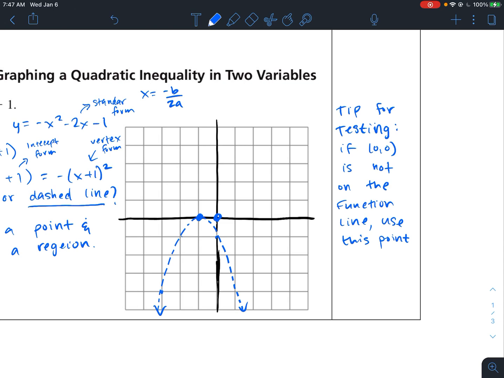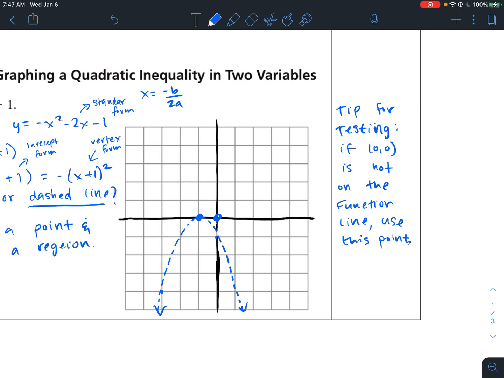Now, if you do have a function, and let's say for example the vertex is the origin, then I would use a point on the y-axis. But yeah, that's just another tip. So first point you should use is 0, 0.